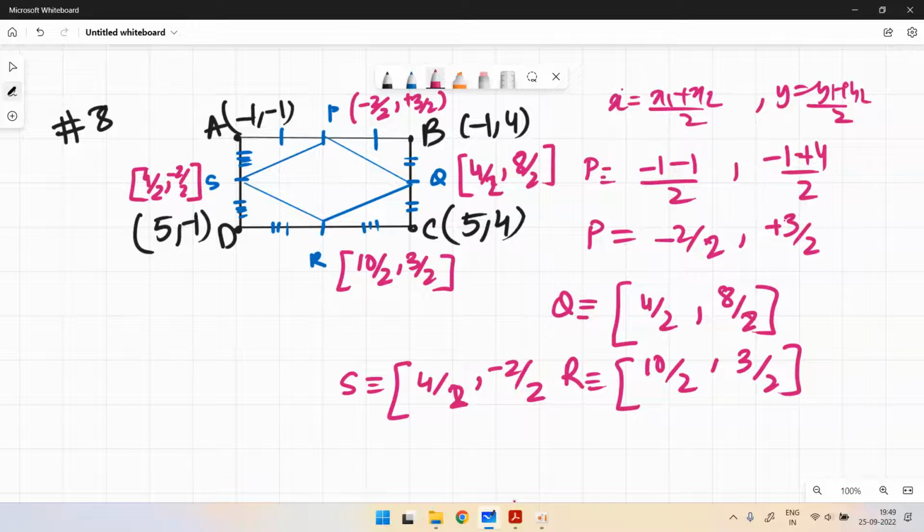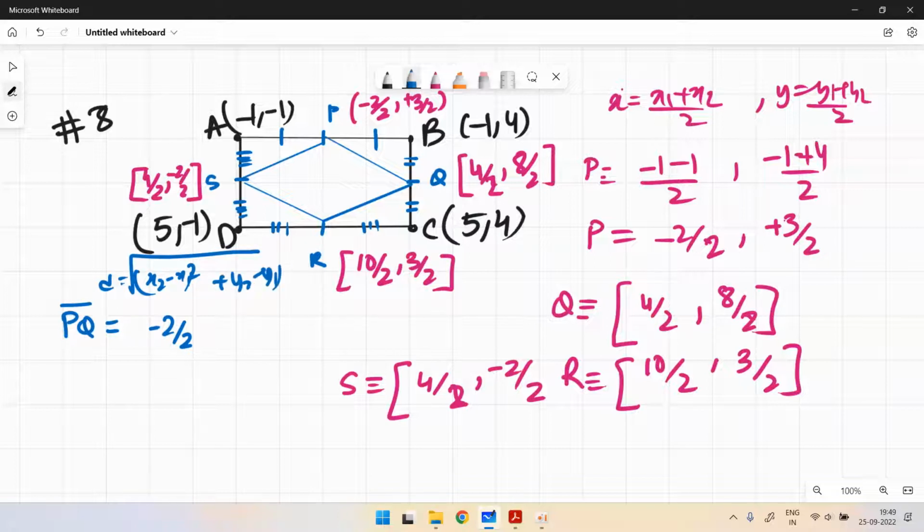For this, you need to find the distance PQ. I'm applying the distance formula: under root of (x2 - x1) squared plus (y2 - y1) squared. So this is (-2/2 - 4/2) squared plus (3/2 - 8/2) squared, under root.